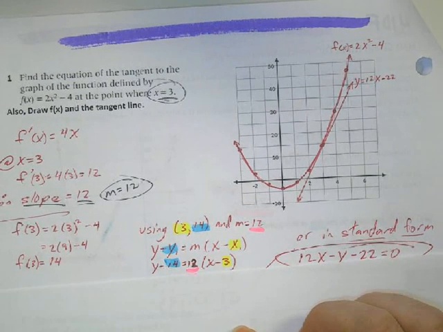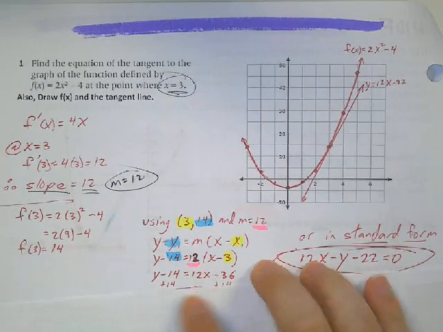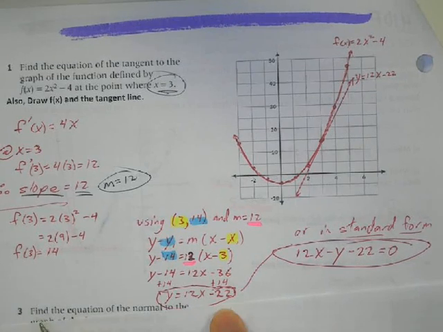And then I could do the distributive property with that 12, add 14 on both sides, and now I've got my equation of my tangent line.